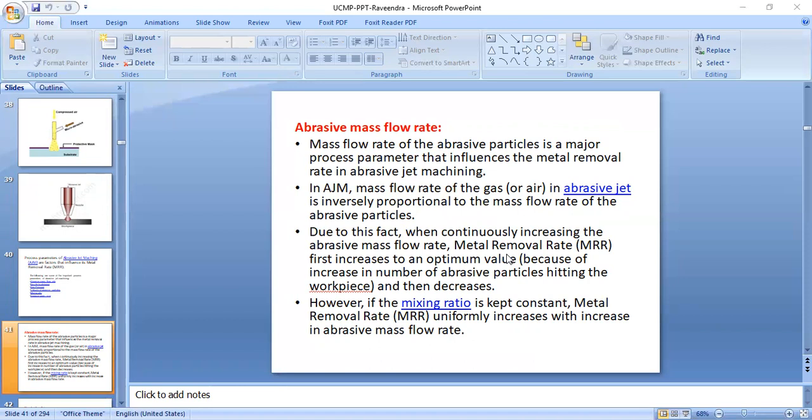Due to this fact, when continuously increasing the abrasive mass flow rate, the metal removal rate first increases to an optimum value and then decreases because of the increase in the number of abrasive particles hitting the workpiece. However, if the mixing ratio is kept constant, the metal removal rate uniformly increases with increase in abrasive mass flow rate.